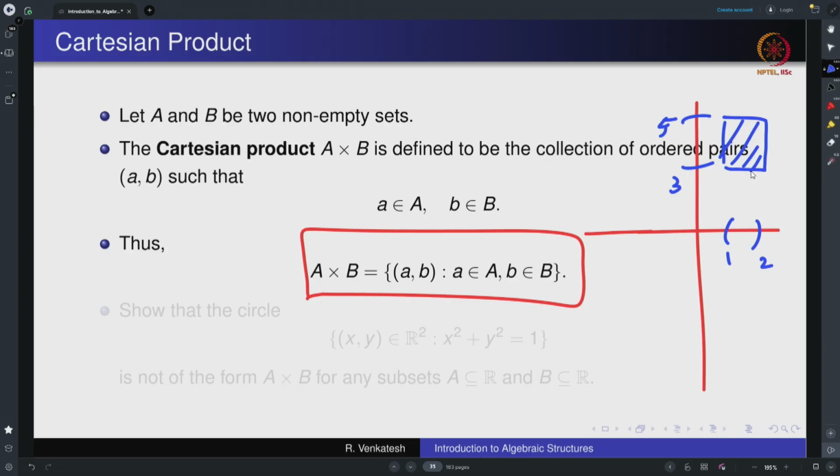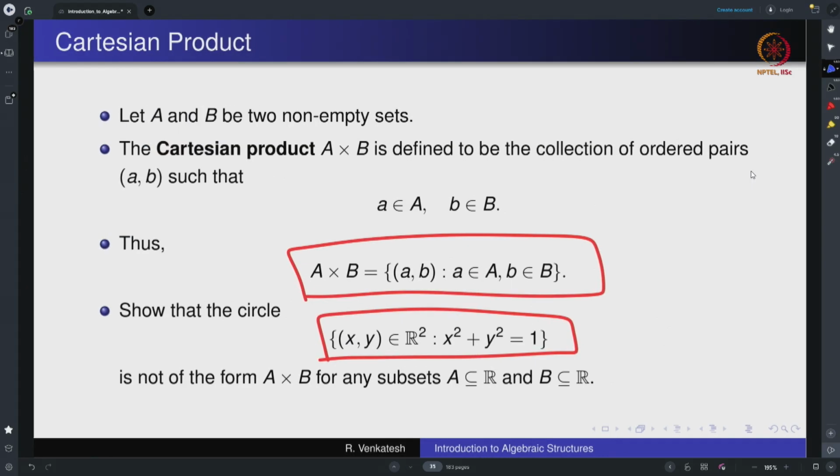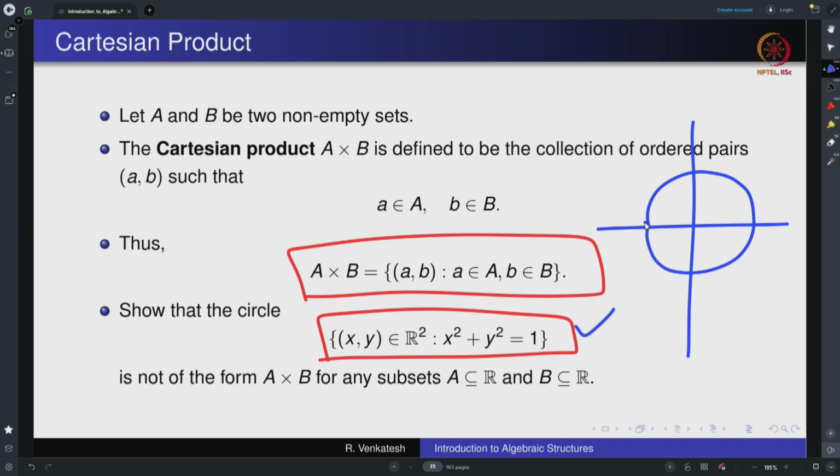But then, in this exercise you can see that we want to take this circle, and the circle looks something like this. So, this is the circle inside R2. This is actually the radius 1 circle, the unit circle. Now, if you think about it, there is no way you can write this circle as a Cartesian product A cross B, because if you are trying to write it as A cross B, then A cross B should include something like a rectangular shape.